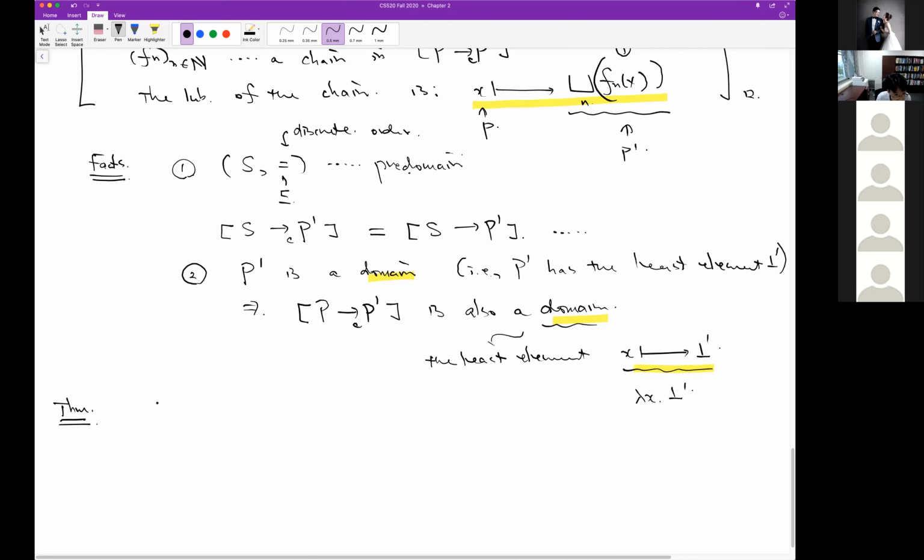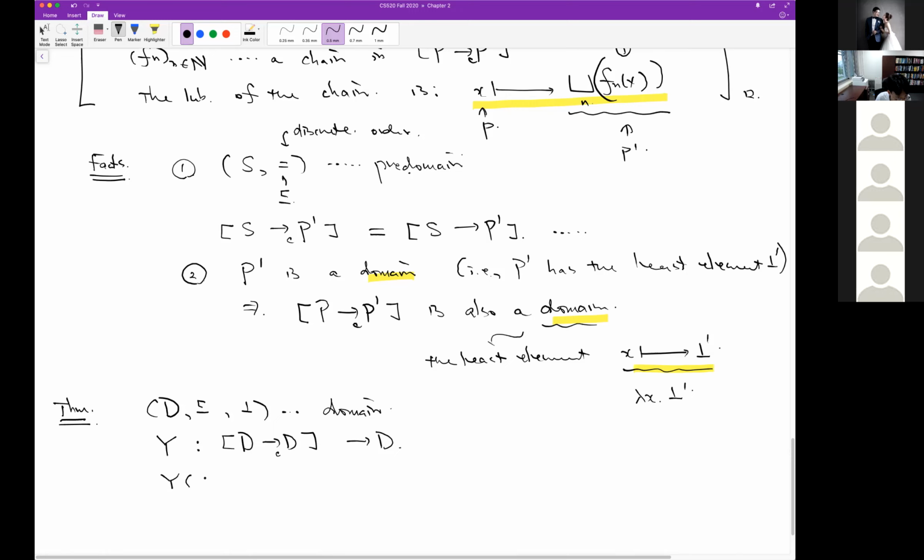So suppose we have a domain D. Then by the least fixed point theorem, we can think about some map, which is typically written as Y. That's a mapping that takes continuous functions on D and returns some element in D. What does it do?